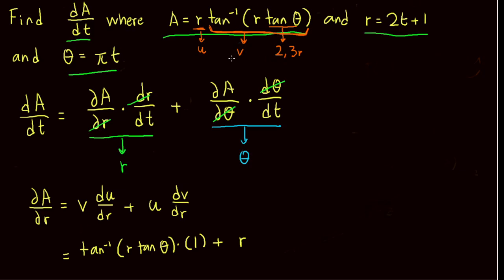Now we have to first find the derivative of tan inverse, which I think I have to check on the table because I don't remember. So let me check what's the derivative of tan inverse.